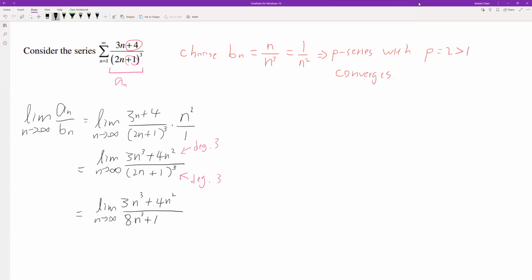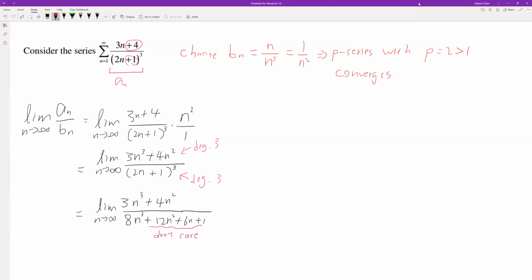The second one is going to be, oh no, this is going to be 12n squared plus 6n plus 1. Anyway, we don't care about these three terms.